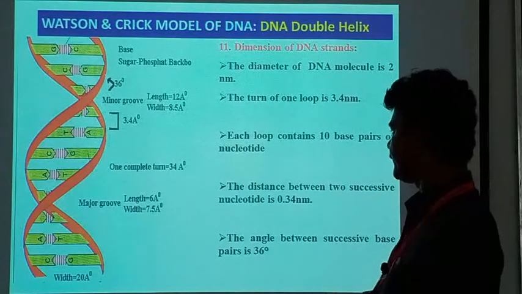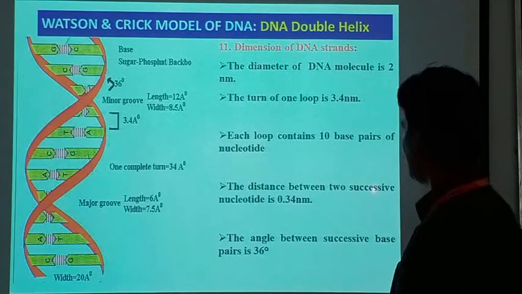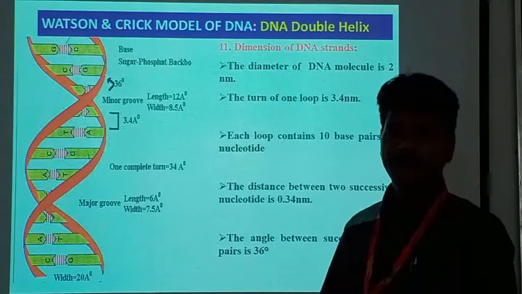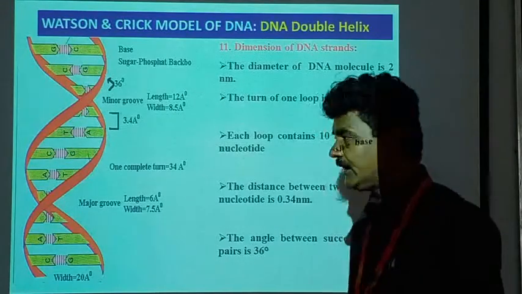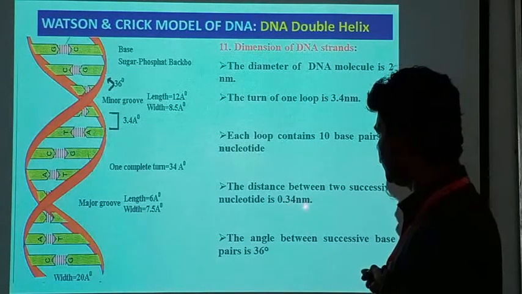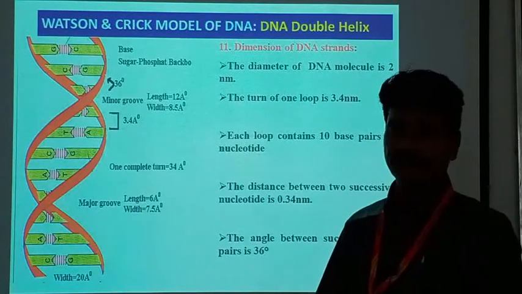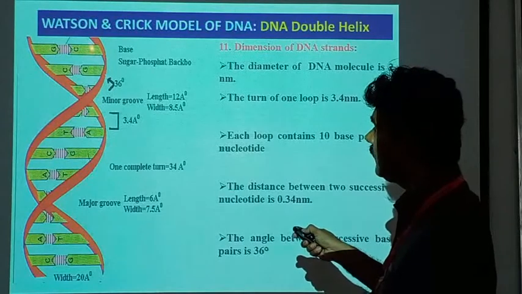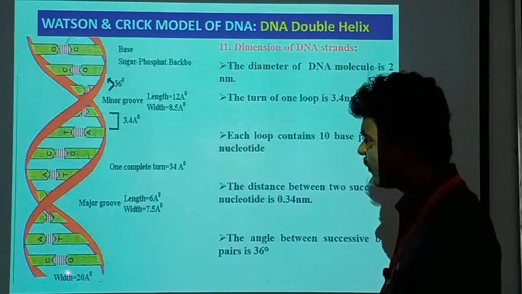Then next, the distance between two successive nucleotides is 0.34 nanometer. Means the DNA has different loops.